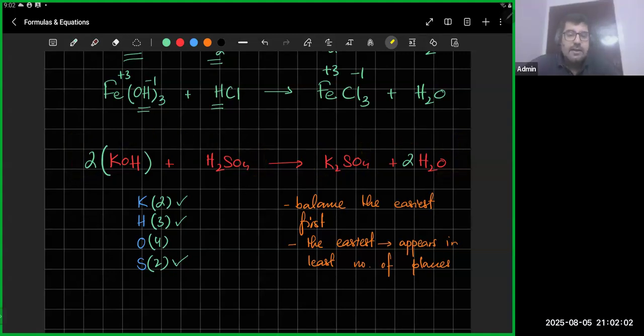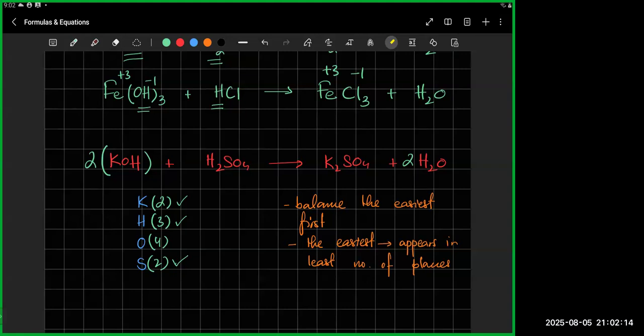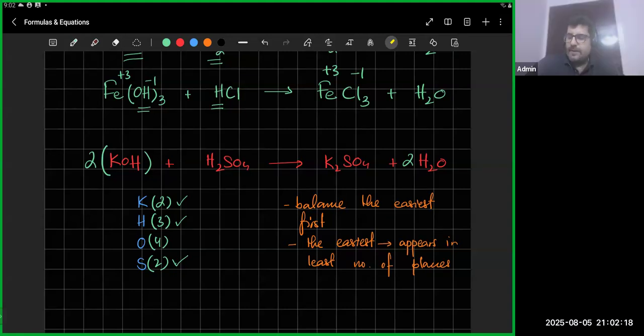So the last one just automatically sorted itself out. Is that clear? So now it's a balanced equation.